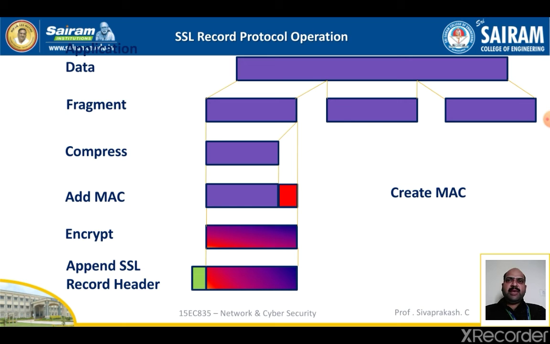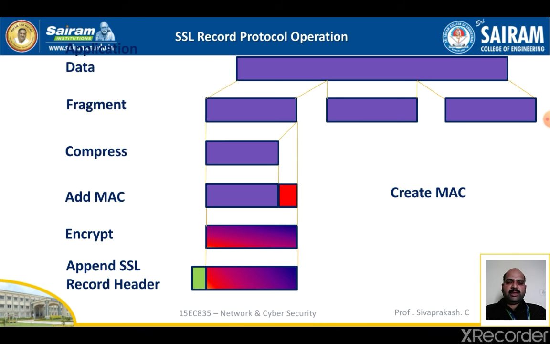The process may be a stream encryption or a block encryption. In stream encryption, the compressed message plus the MAC are encrypted, whereas in block encryption, padding may be added after the MAC prior to encryption. The final step of SSL record protocol processing is to prepare a header consisting of fields such as content type, major version, minor version and so on, and that is transmitted after the process.